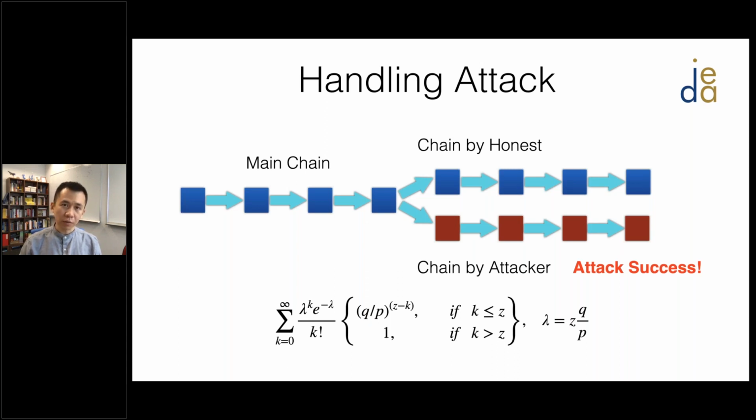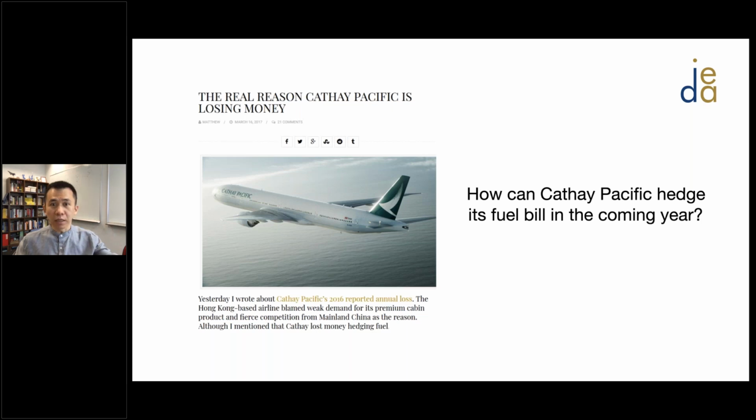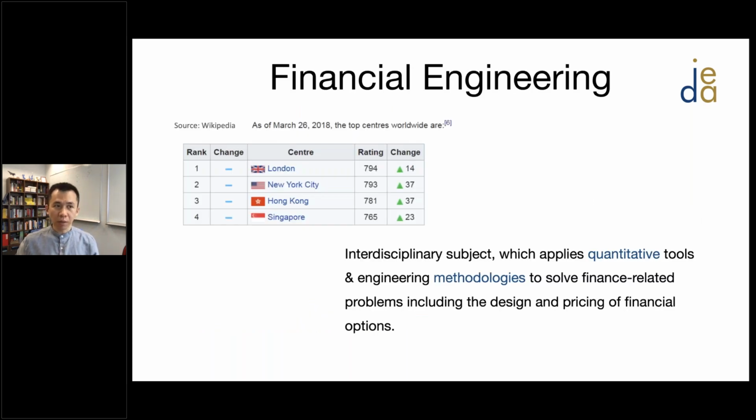In short, I don't see there is much difference. Both of them can be broadly defined as an interdisciplinary subject that applies quantitative methods and engineering methodologies. And following up on the answer to this question, I think what our department is teaching is the core skill set of modeling to handle all kinds of fintech or financial engineering applications.